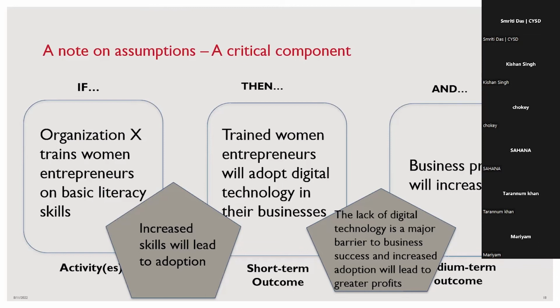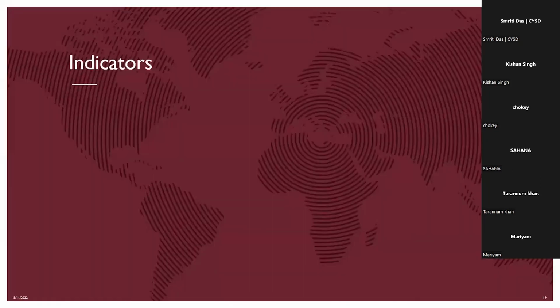That assumption didn't hold. So now you need to adapt your programming in some shape or form, right? So just very quickly, sort of a quick note on assumptions, but that shouldn't mask the fact that it's actually really, really important. So any questions on theories of change, or any thoughts or comments on theories of change before we move on to indicators?